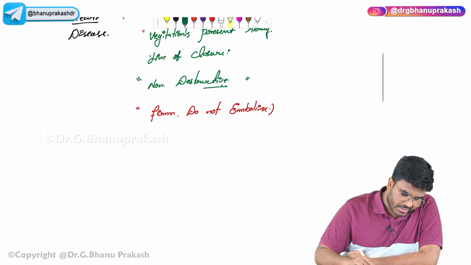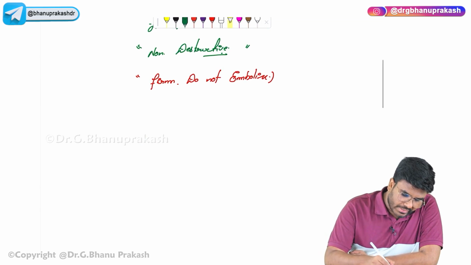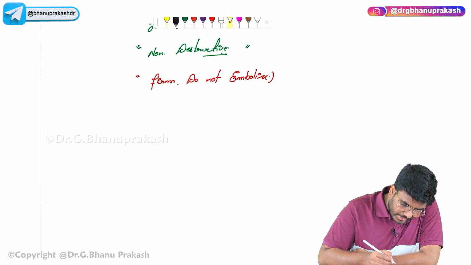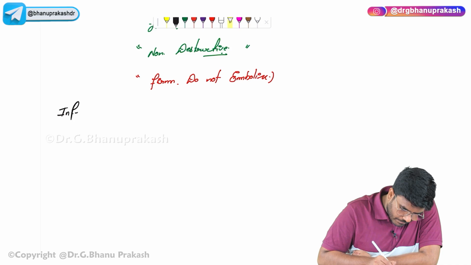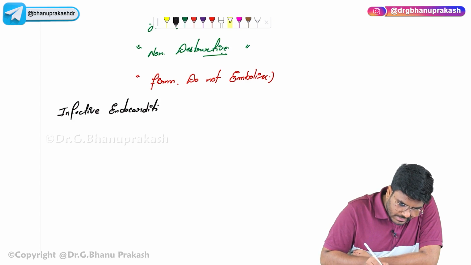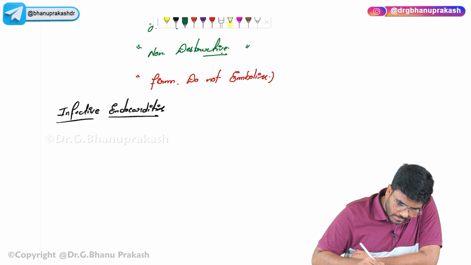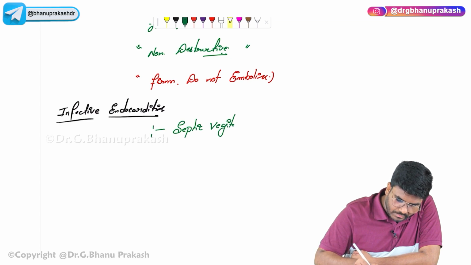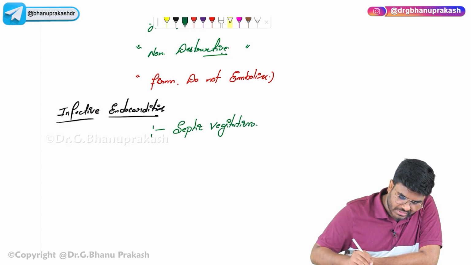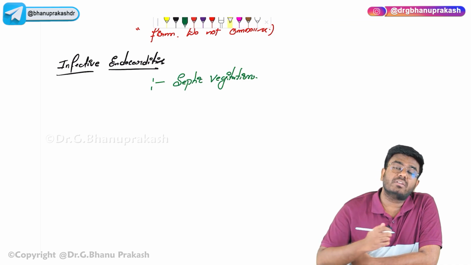Now what about the vegetations in infective endocarditis? First point: are the vegetations sterile or septic? They are septic, which means they contain trillions and trillions of bacteria.